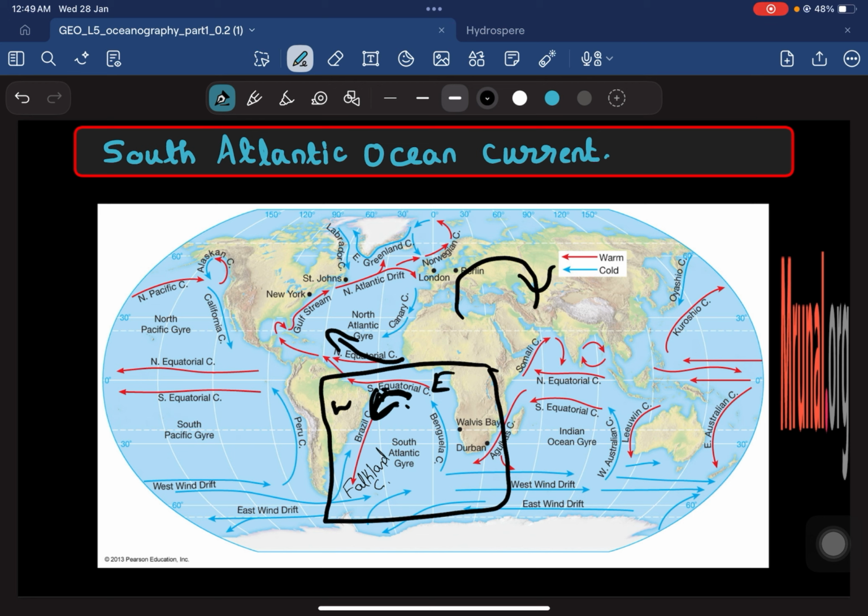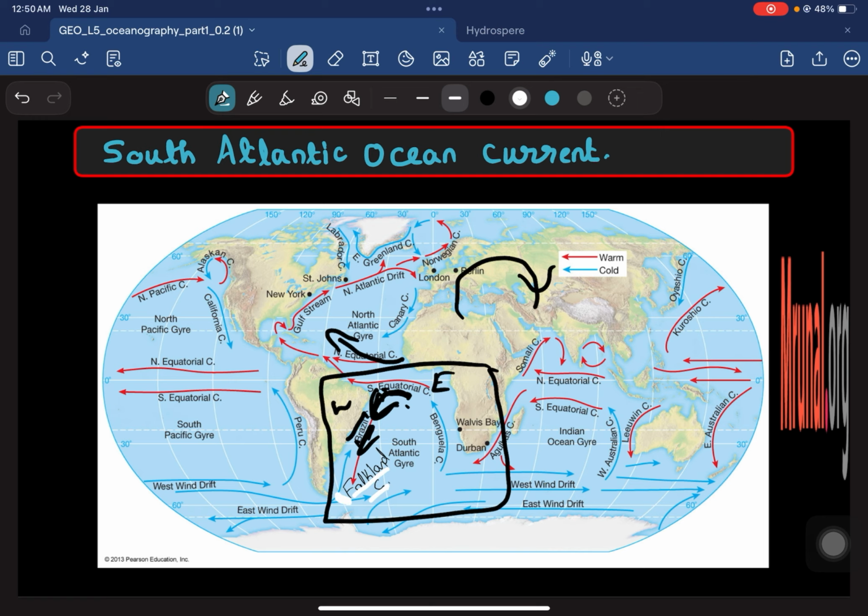The South equatorial current will start and it will become the Brazilian current because of the coastline here. This Brazilian current will meet the Falkland current. What is this Falkland current? This Falkland current is created at the Falkland Islands.